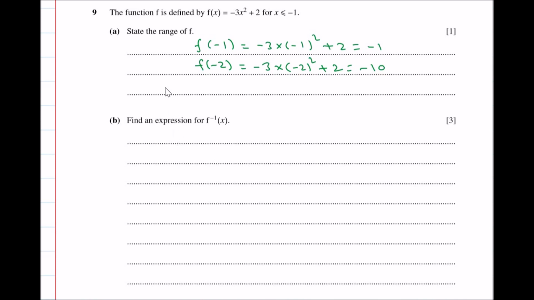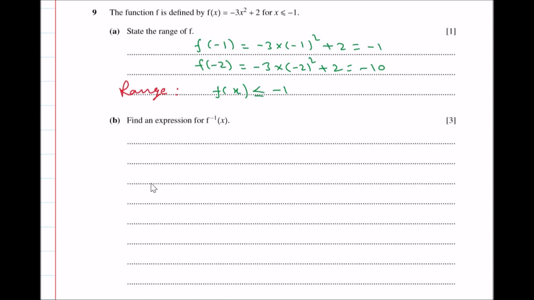So range becomes f(x) less than equal to minus 1. This is our range. Okay.